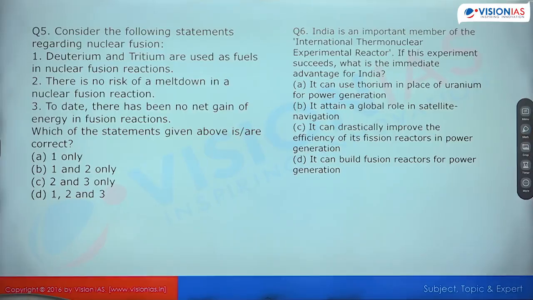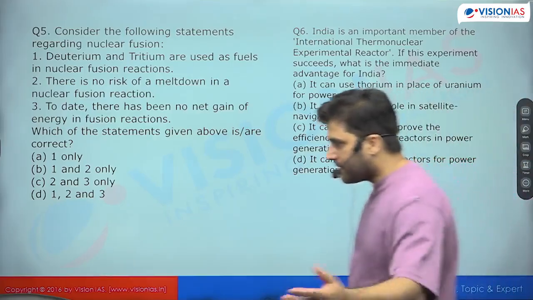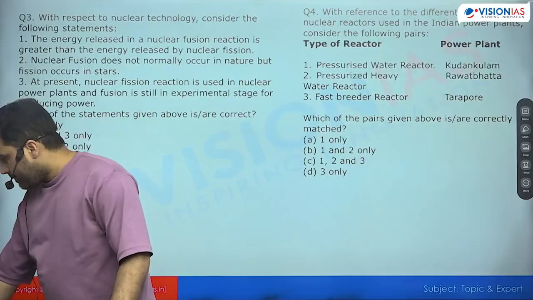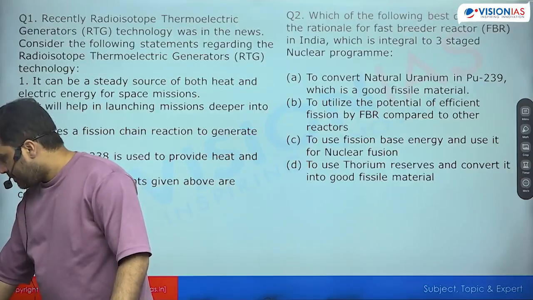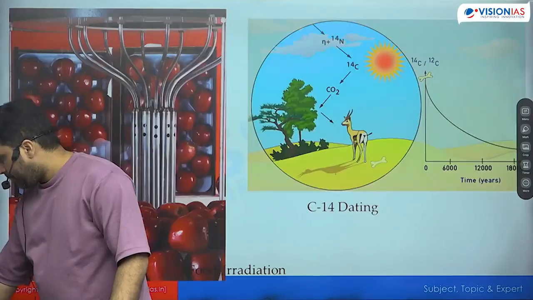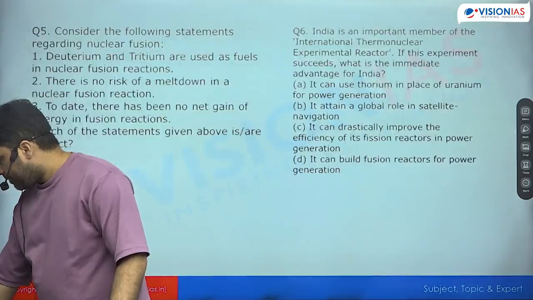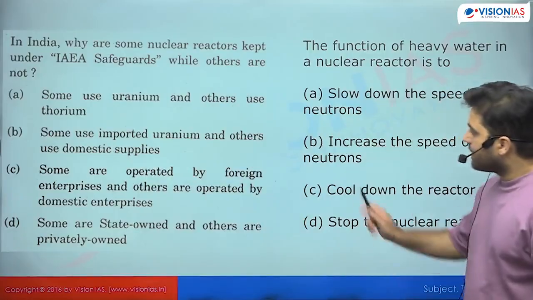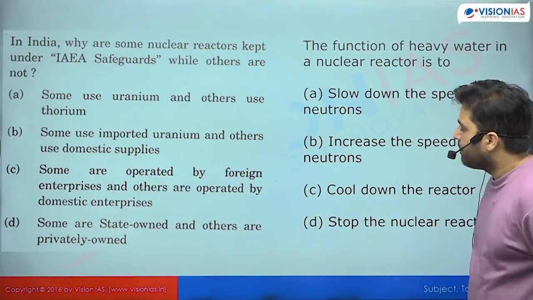To date, there has been no net gain of energy in fusion reaction. That is not true. As of now, there has been energy gain. I just mentioned that: Lawrence Lab, National Ignition Facility. So 1 and 2 only. This was a question asked by UPSC, I think in 2020 or 2021.